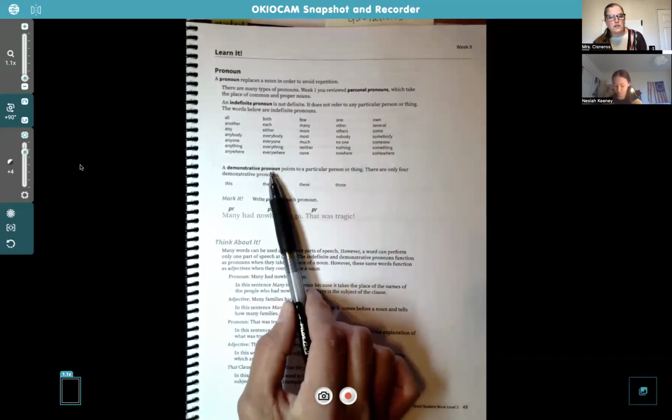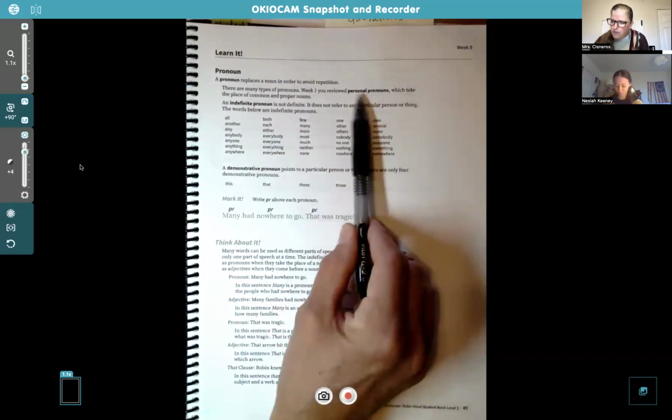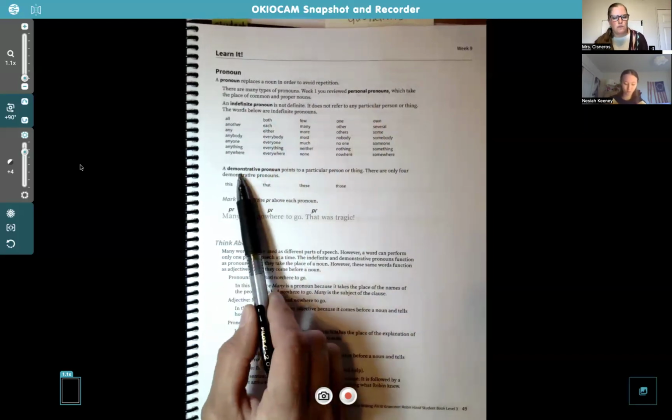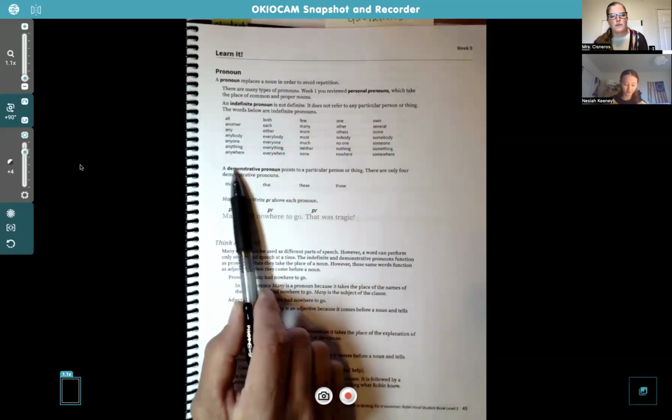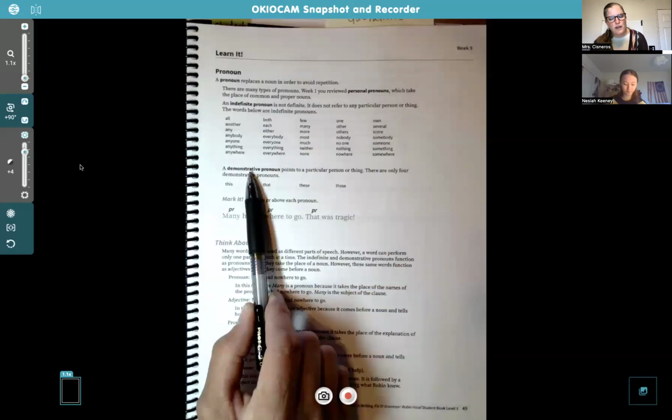And then we've got demonstrative pronouns. It's another type of pronoun. So we've got personal, indefinite, and now demonstrative. And the word demonstrate is the beginning of that word. I always have little tricks to help me remember stuff.